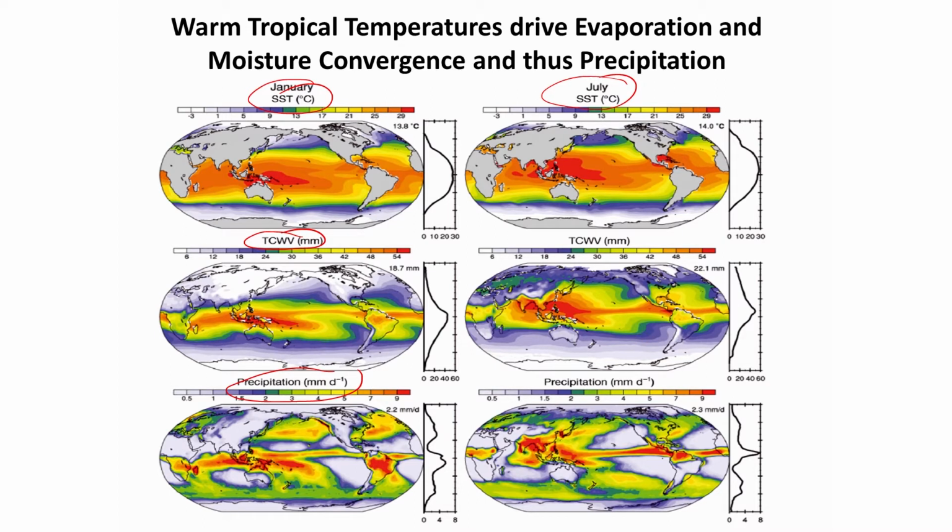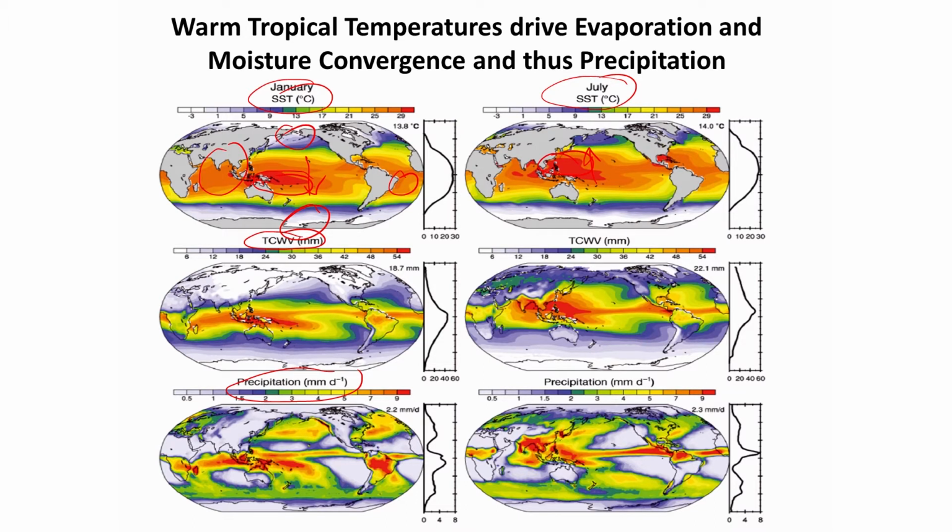I will show an animation of sea surface temperature in a minute, but you can see that in January, when the sun is to the south, maximum temperatures are to the south and the whole thing is shifted. As the sun moves north, you can see that the maximum temperature shifts to the north, and there are corresponding changes at high latitudes. But since we are interested in the monsoon process, we will focus a little bit more on the tropics at this point.